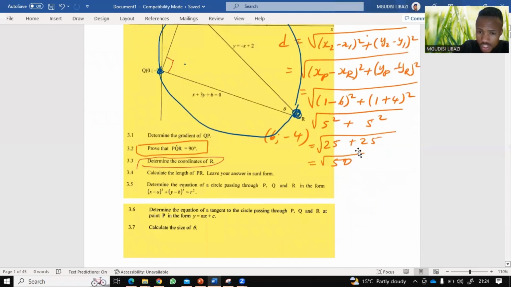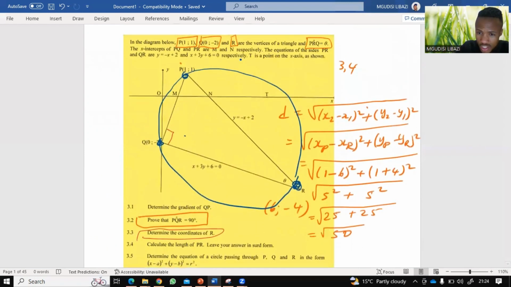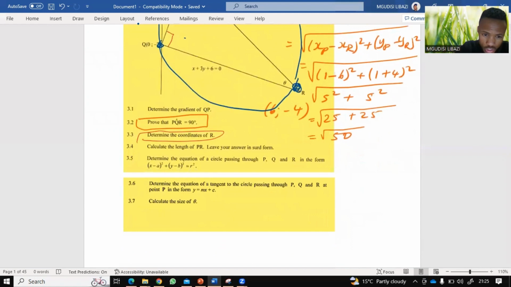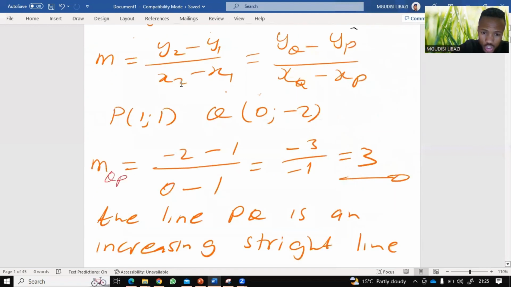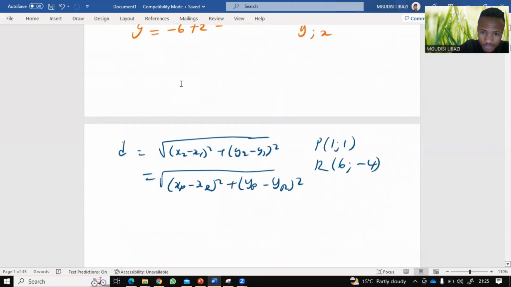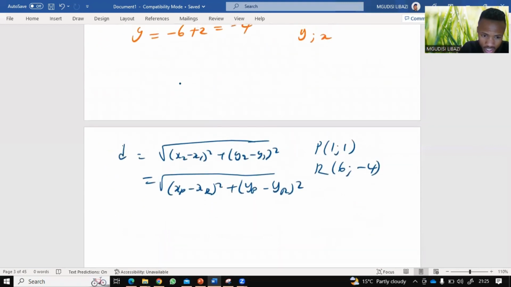Since we already found the distance from this question, we can actually use it because we found the distance of PR. If you remember, the first question 3.4 wanted that distance, which is square root 50. So now that means the distance PR is equal to the square root of 50.